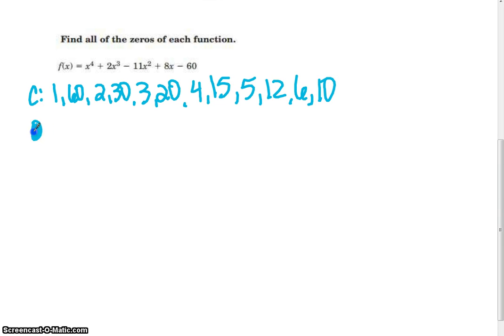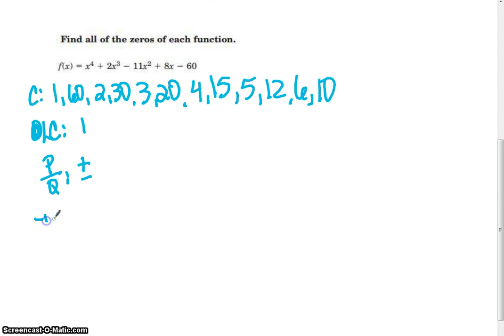Your leading coefficient is 1. So your possibilities are a positive or a negative of all of those numbers. P over Q could be positive, negative, 1. If you want to write it the same order, you don't rewrite it because it's just over 1, but just remember that it's a positive or a negative for each of those. You just have to start going through there, kind of trial and error, and figure out which ones would work.